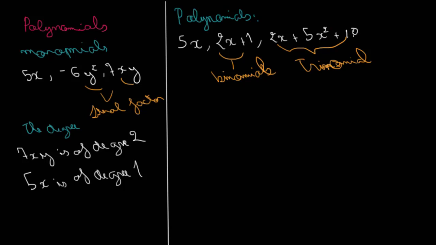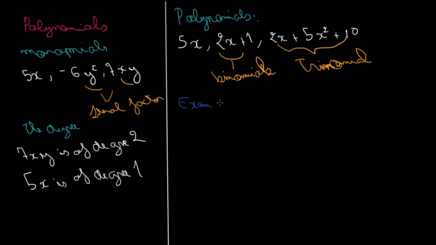So 10, because it is just a number, is of degree 0, 2x is of degree 1, and I'm left with 5x squared. You can see x squared is of degree 2. So this trinomial, or this polynomial, is of degree 2, obviously.